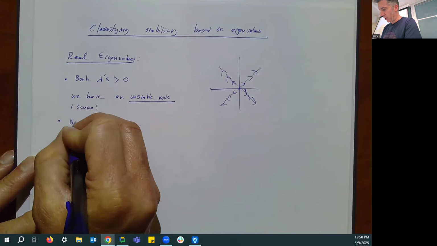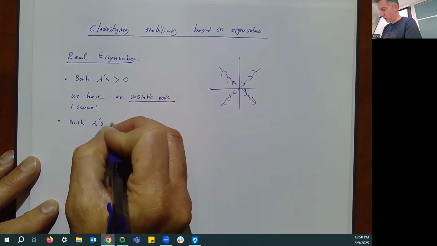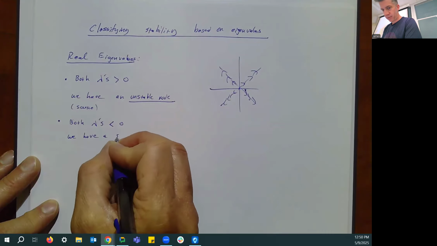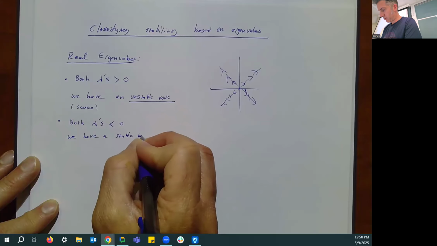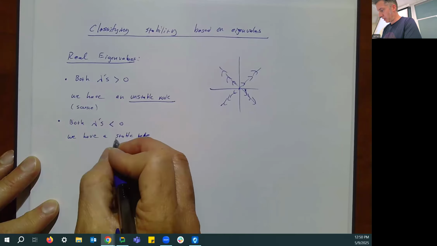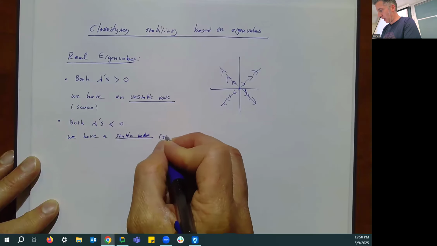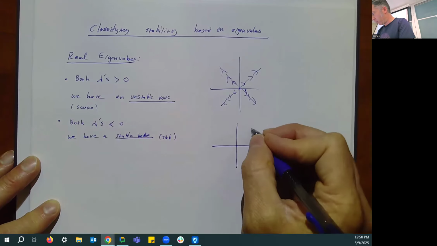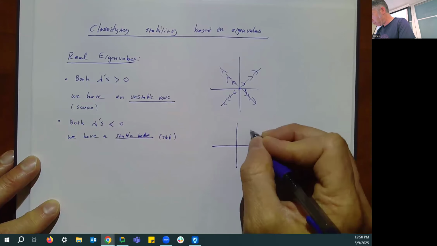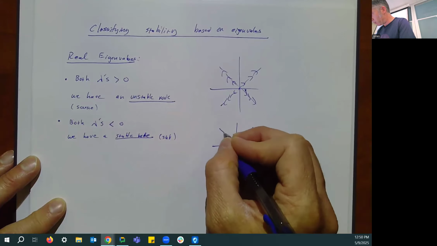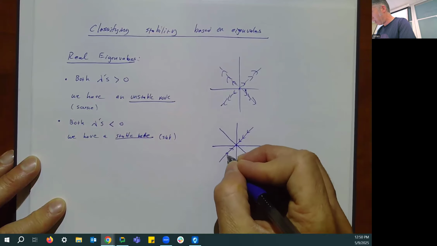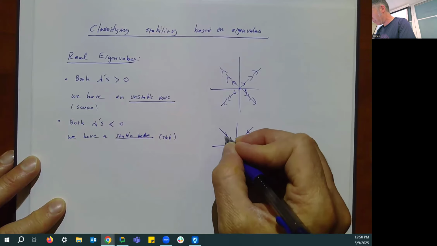If both eigenvalues are negative, we have a stable node. Also called a sink. And everything points inward. So along the eigenlines, you point straight towards the origin. And again, I'm just drawing generic lines to represent where eigenlines could be. They're not always like this. It's just easy to draw it this way.